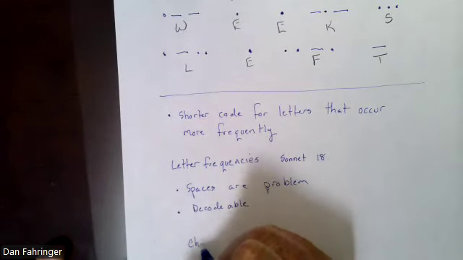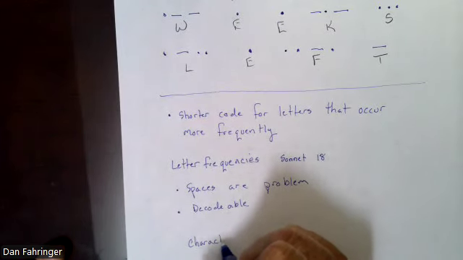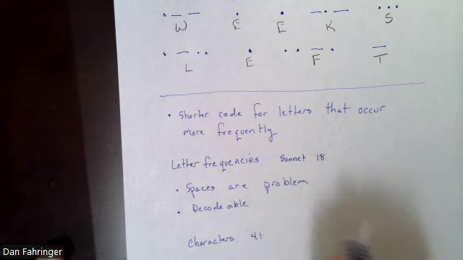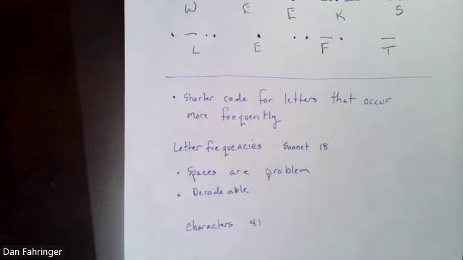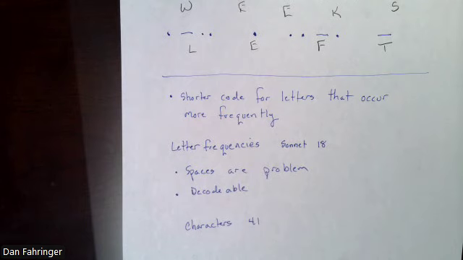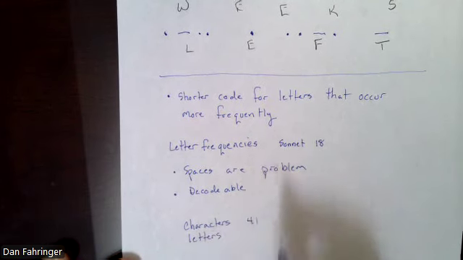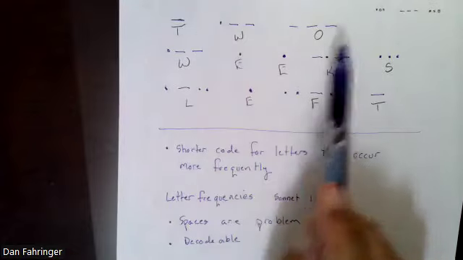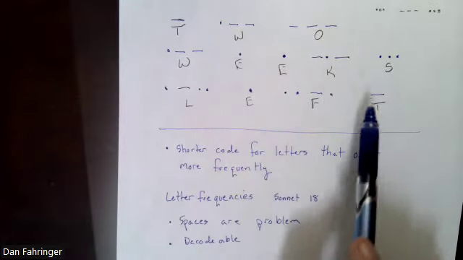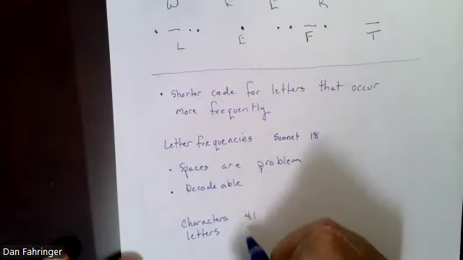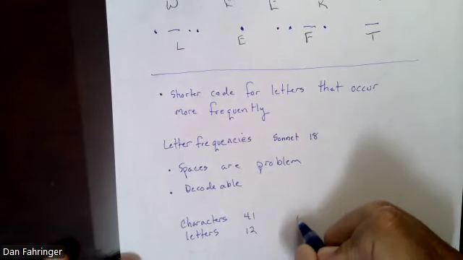So right now, under my characters, I have 41 of them, 41 characters. How many letters do I have? 1, 2, 3, 4, 5, 6, 7, 8, 9, 10, 11, 12. I have 12.